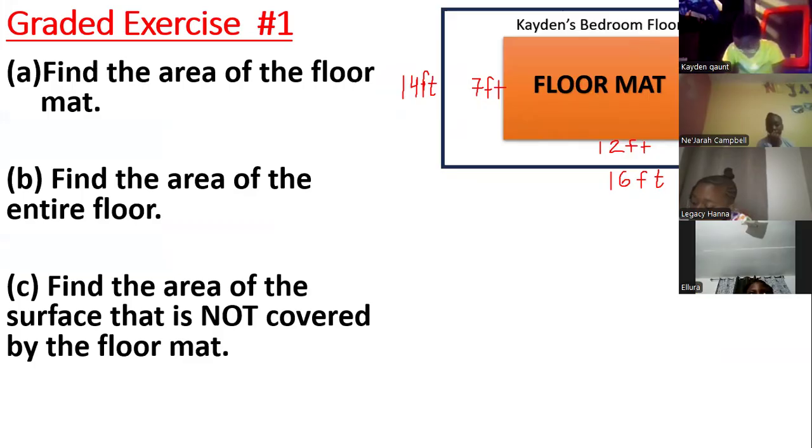Find the area of the entire floor. It's going to be length times width again, but this time we have to multiply 16 by 14. All right, 16 by 14. You understand that?